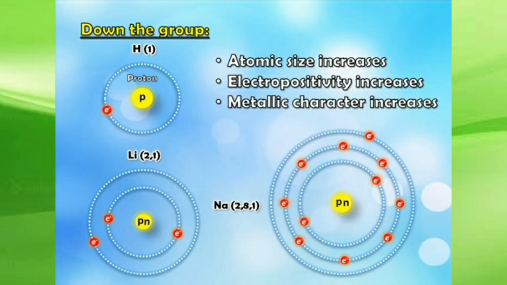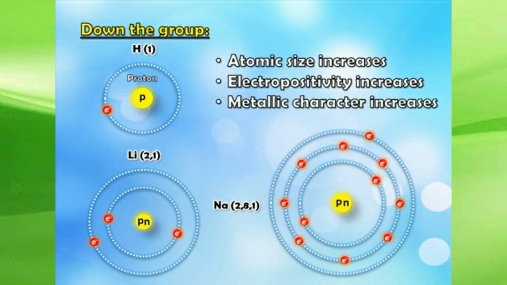Therefore atomic size increases. Now if the atomic size increases, the electropositivity will increase, right? The tendency to lose electrons will increase. Therefore metallic character also increases, right? We know that metals have the tendency to lose electrons.